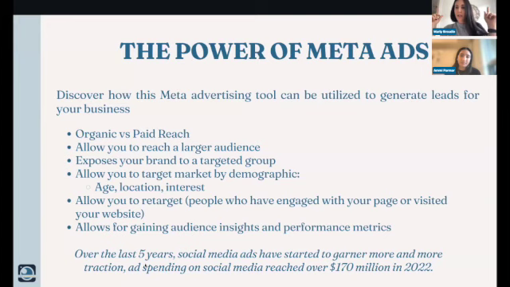I always ask: are those people necessarily your ideal prospect or ideal buyer of your product or service? Likely not, right? That's where your paid reach becomes so important, because through Meta ads, you can target your ideal prospect.